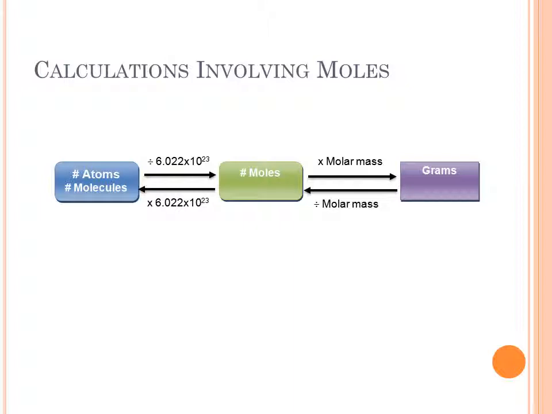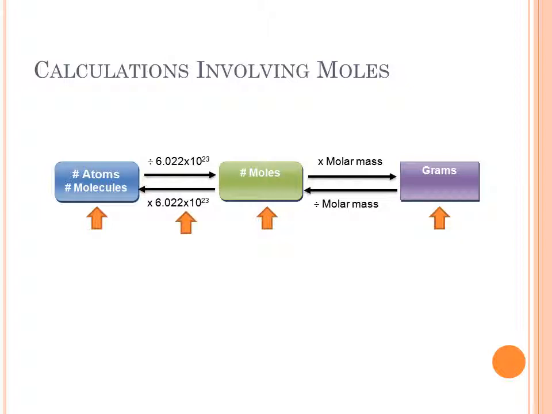This is a flowchart indicating converting of atoms and molecules to moles to grams. So again, it's back and forth between that atomic and molecular scale to a laboratory scale using moles. So we get atoms and molecules. We can multiply or divide by Avogadro's number, get moles, and then we could use molar mass to get grams.